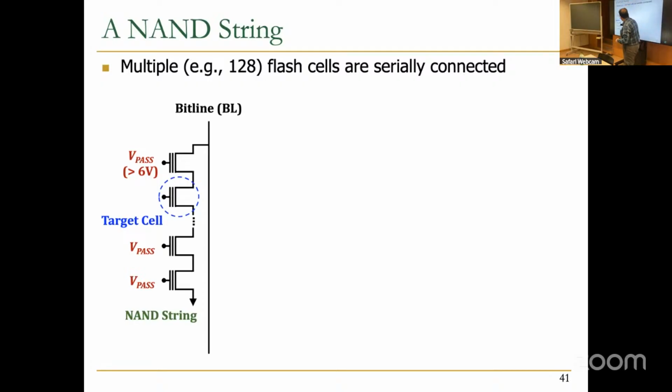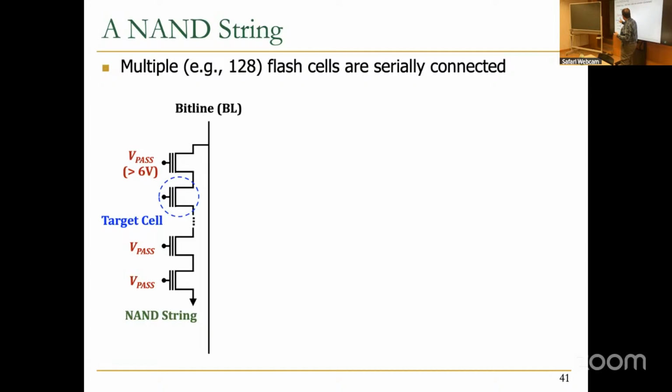Essentially, you want to make sure that only the target cell specifies whether I'm going to be connected to the ground or not. This should be the cell that you're going to decide on. All other cells should act as a switch that gives you the connection of the NAND string to the ground.